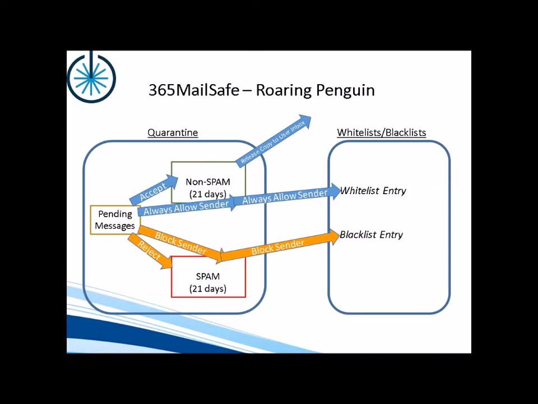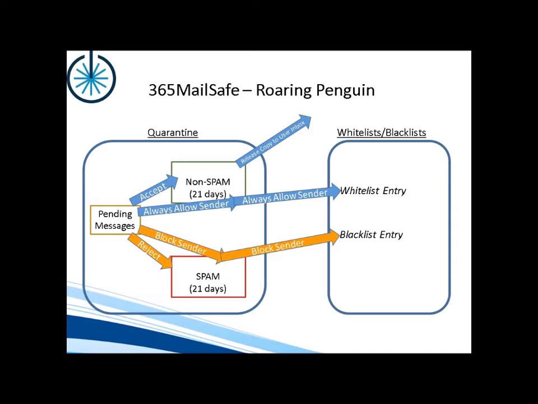Conversely, anything blocked will go to a blacklist entry, and the message will go to spam and be deleted. Now remember that whenever you whitelist or blacklist senders, this is a per user setting, so it doesn't apply to the whole company. It will only apply to your user mailbox.